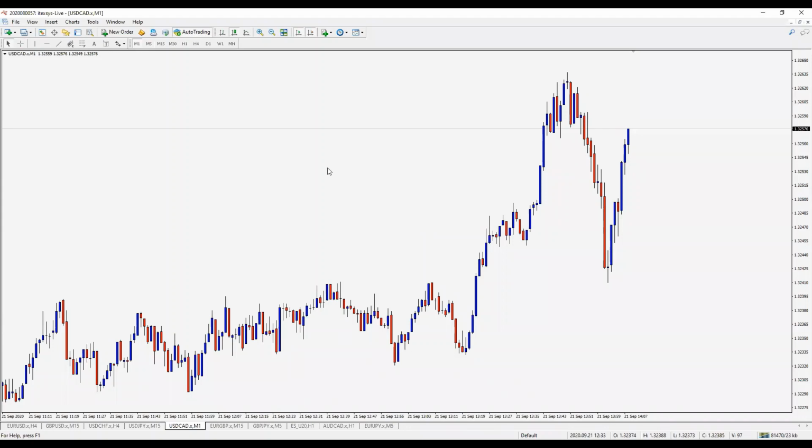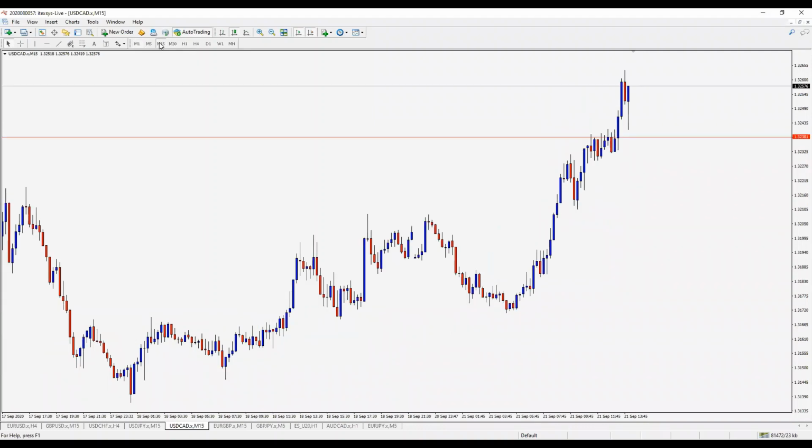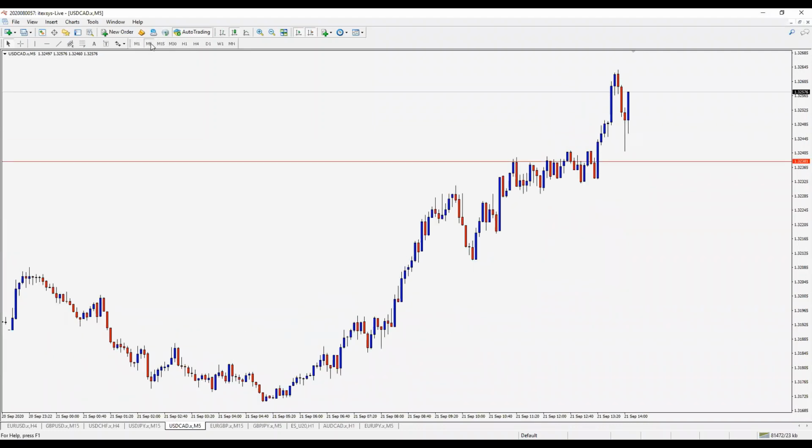This is the 1 minute chart. And actually, I believe that if the price will go down and check this level, I might consider buying the US dollar CAD as an intraday short-term position. Okay, so this is for the US dollar and the Canadian.